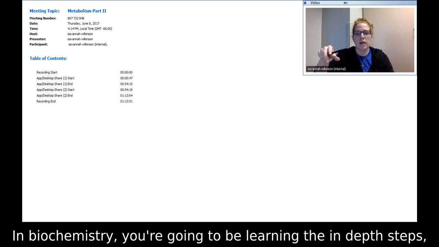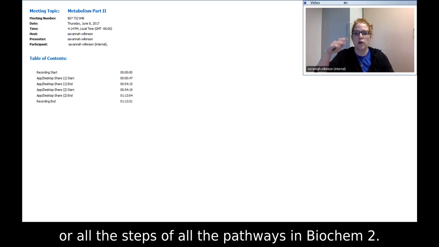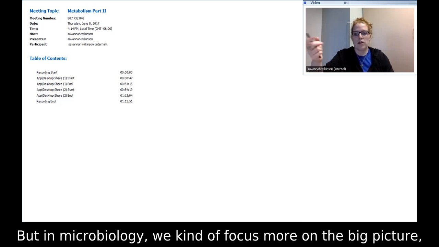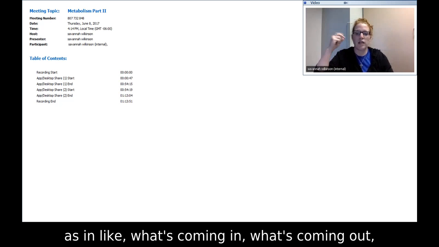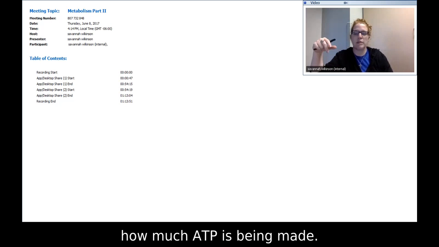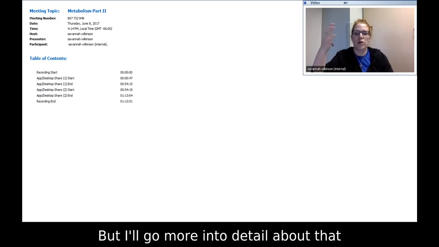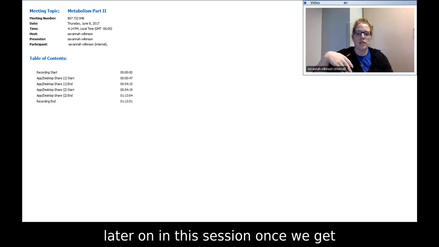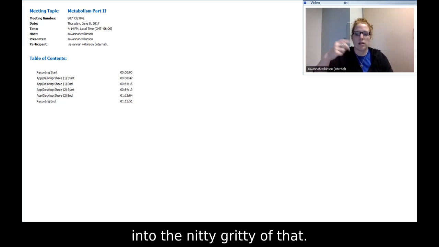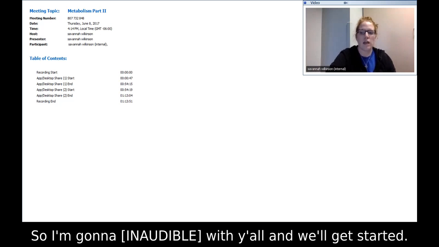In biochemistry, you're going to be learning the in-depth steps of all the pathways in Biochem 2. But for microbiology, we tend to focus more on the big picture, as in what's coming in, what's coming out, how much ATP is being made. But I'll go more into detail about that later on in this session once we get into the nitty-gritty of that. So I'm going to share my screen with y'all and we'll get started.